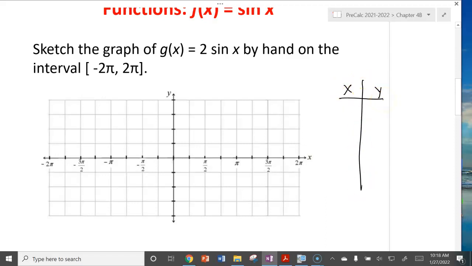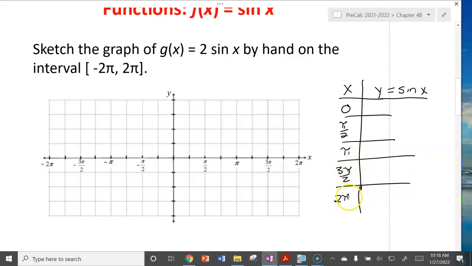And in this case, y is going to be the sine of x. When we graph the sine function, we graph what we call critical points. Those points are 0, pi over 2, pi, 3 pi over 2, and 2 pi.